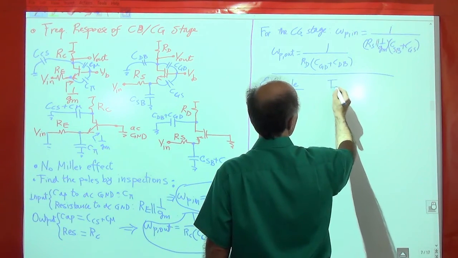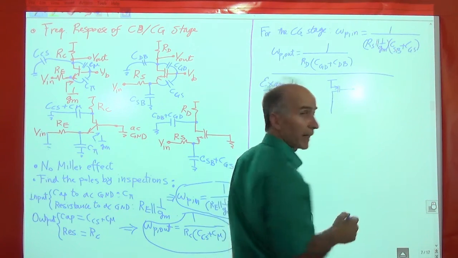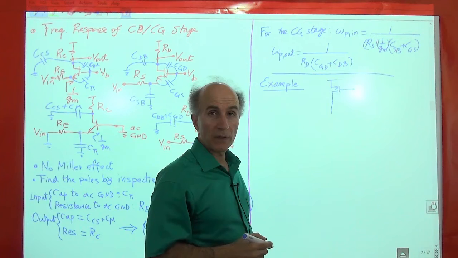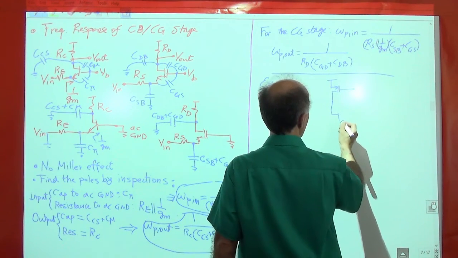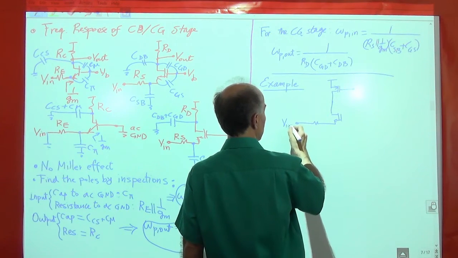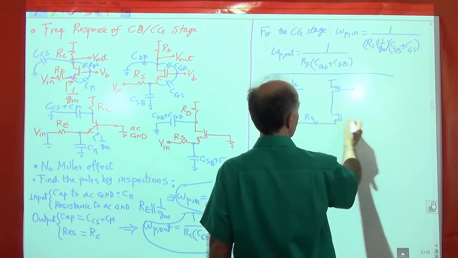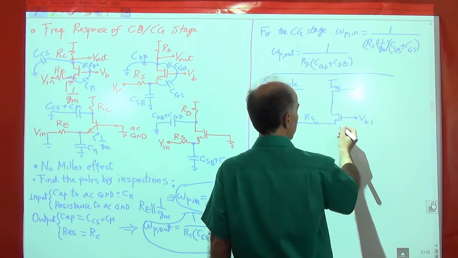So here's an example. I will build a common gate stage with a current source as the load. So here's the common gate stage. V in, Rs. This goes to a bias VB1. Let's call this M1.